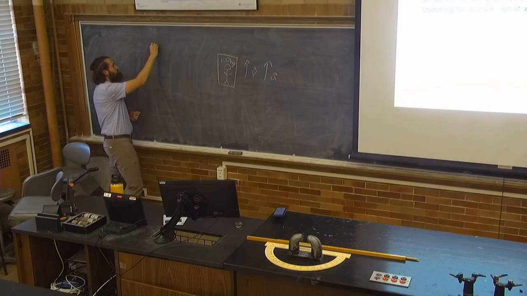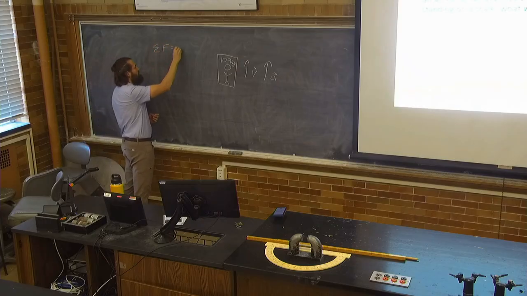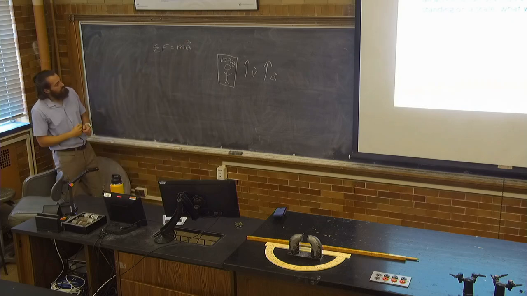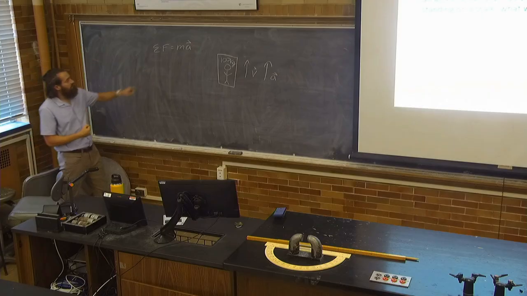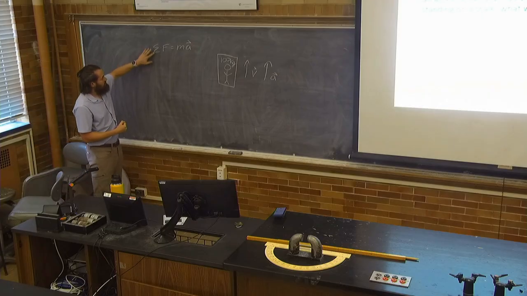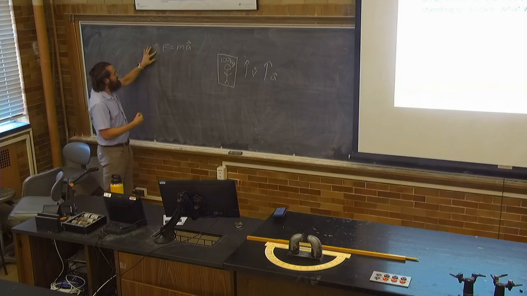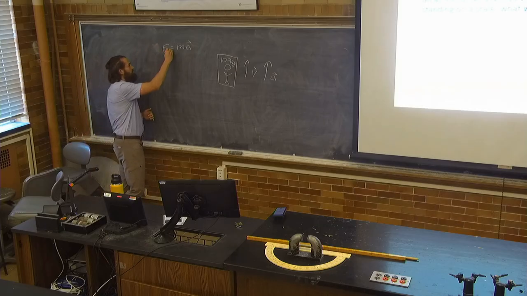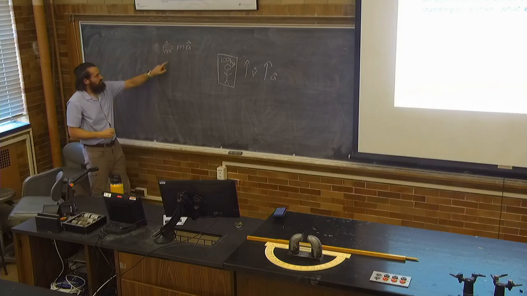So the way Newton's second law works is I just need to add up all of my forces acting on the person. This little sideways looking M is actually a summation sign, or you can write net, and that just means to add up all of your forces.